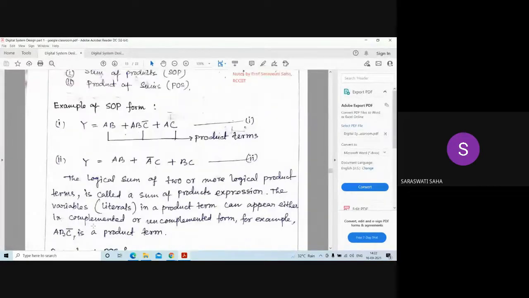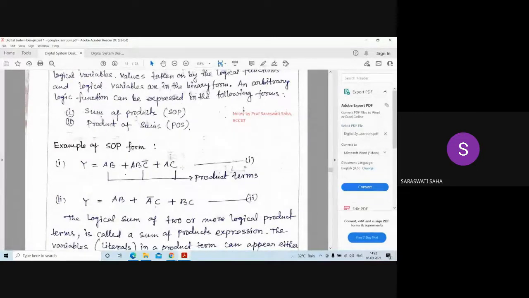Have you got this? Ma'am, simple. Each product form needs to have all the input variables in it. A, B, C plus A, B, C complement, then A, C complement. Shreya, please tell me what the problem is to understand this logic. No, ma'am, I just need to go through it once. That's it. Okay.